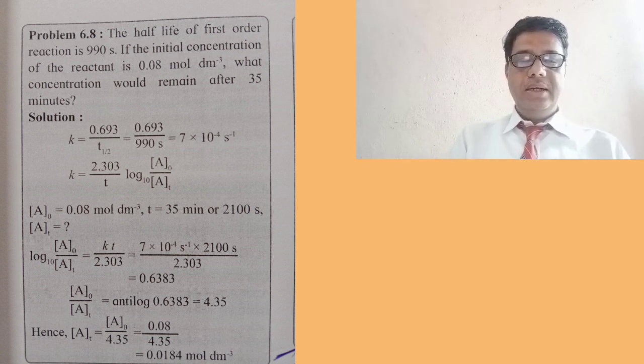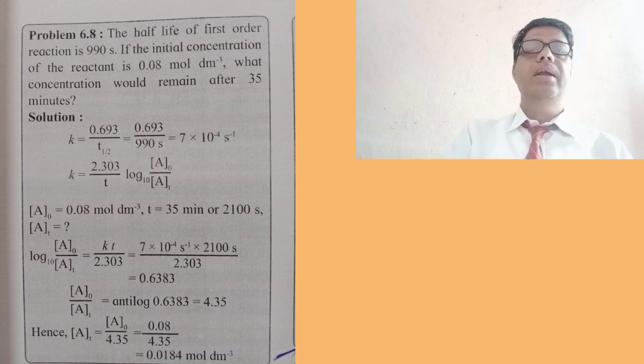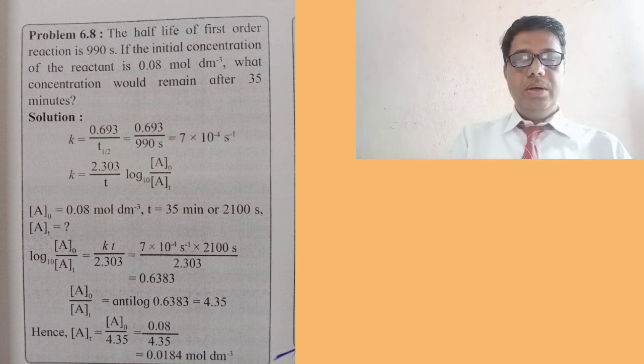So we have to rearrange this equation: log to the base 10 A0 by At is equal to kt upon 2.303. We shift t and 2.303 to the other side, so it becomes kt upon 2.303.